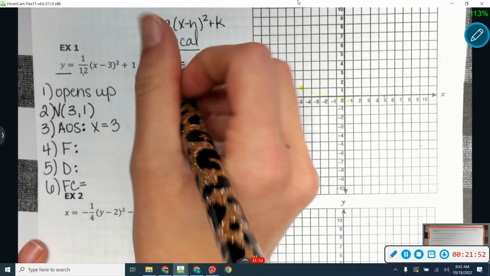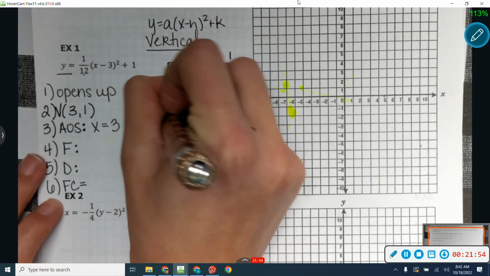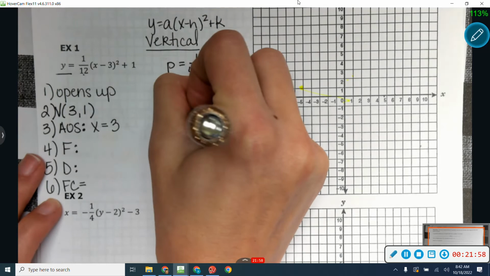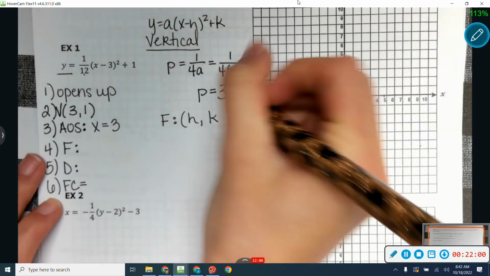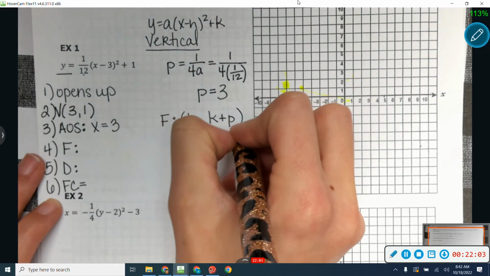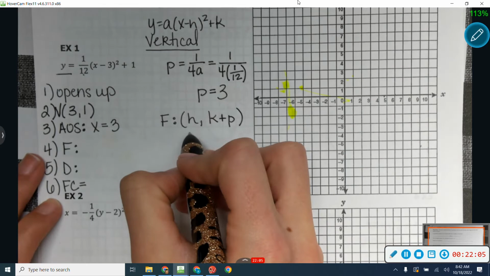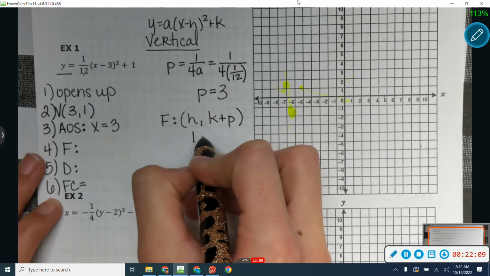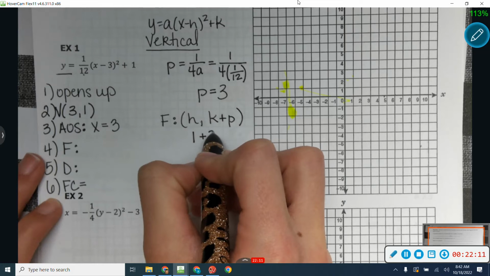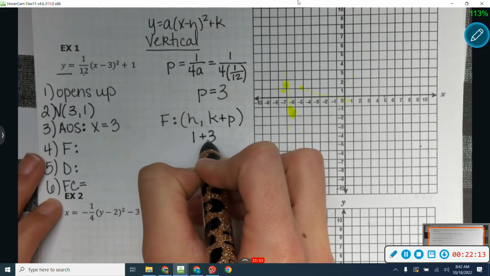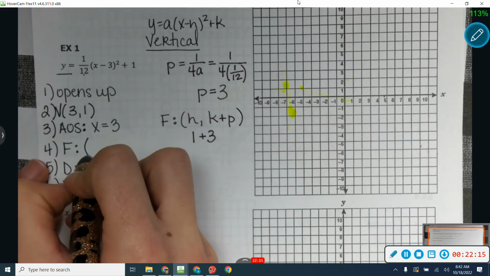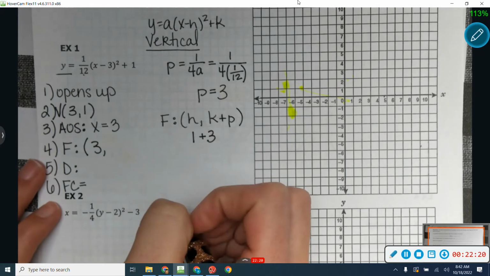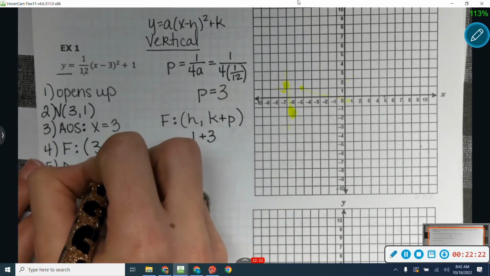Okay. So my focus, my formula tells me it's h and k plus P. Alright, so my k is what? 1 plus my P, which is 3. So my focus, my x value stays the same, 3. And then what's my y value? 4.